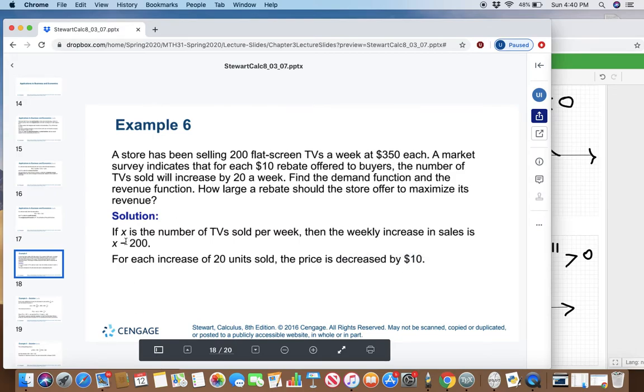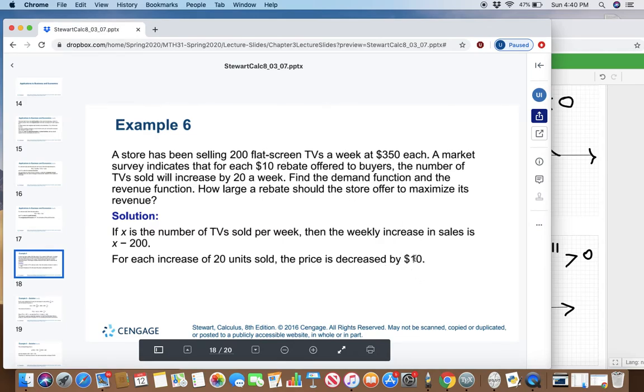So, solution. Start with x, the number of TVs sold per week. Then the weekly increase in sales is x minus 200. See, you're already selling 200. However much more you sell is x minus 200. For each increase of 20 units, price is decreased by 10. That's what the rebate effect is.